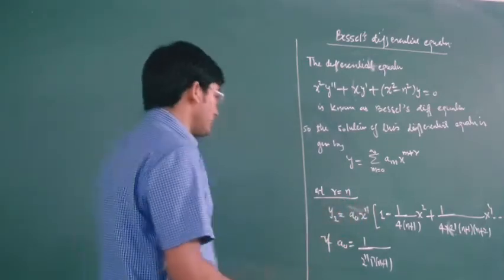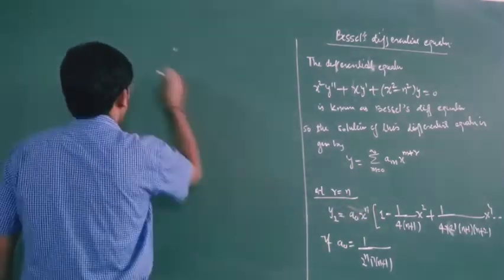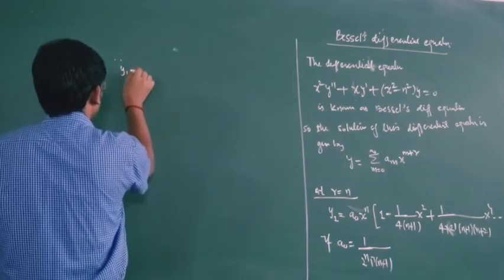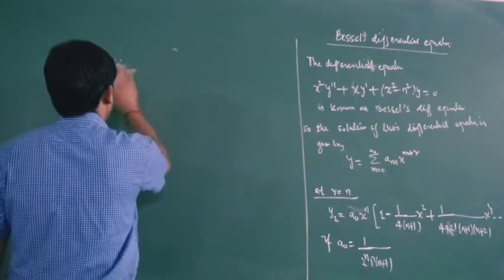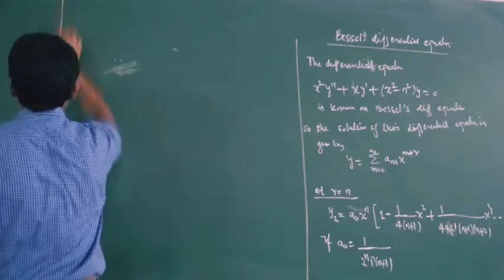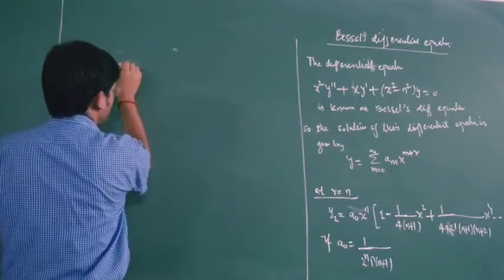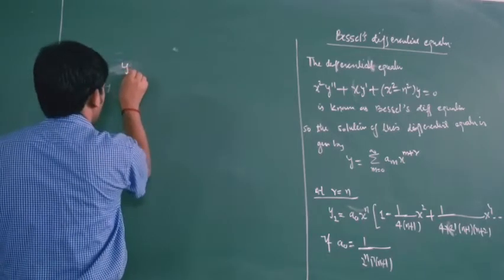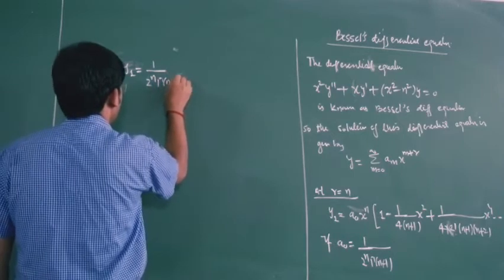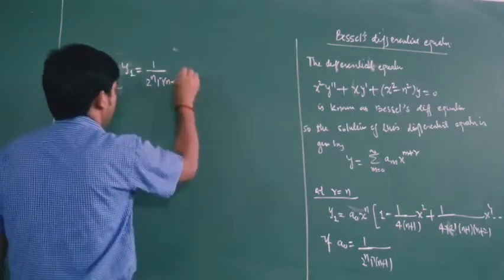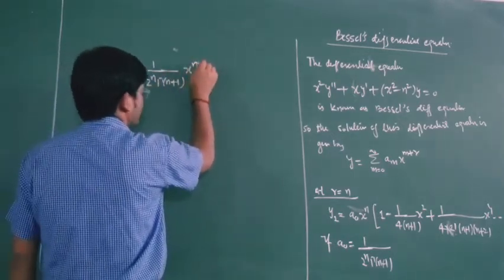If n is not an integer, your y1 will be a naught. Now put the value of a naught as 1 upon 2 power n gamma n plus 1. So your y1 is equal to 1 upon 2 power n gamma n plus 1, then we have x power n.